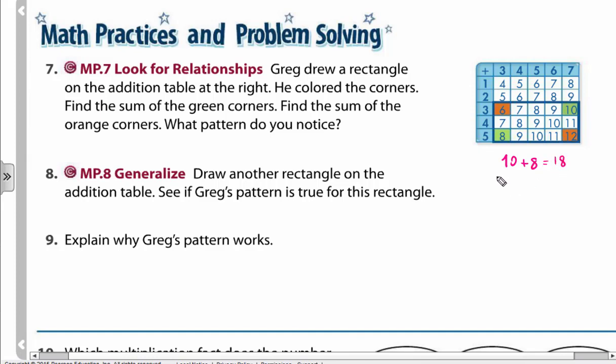Okay, and this is the green. What about the orange? 6 and 12. Okay, 6 plus 12 equals? 18. Oh, what can you notice here?